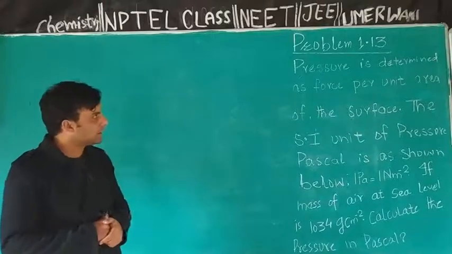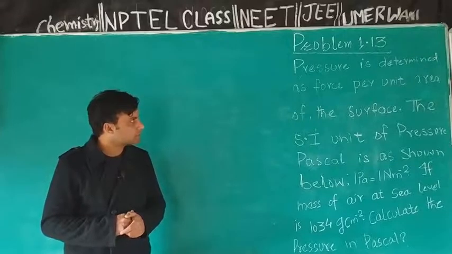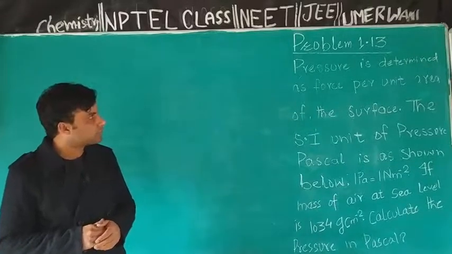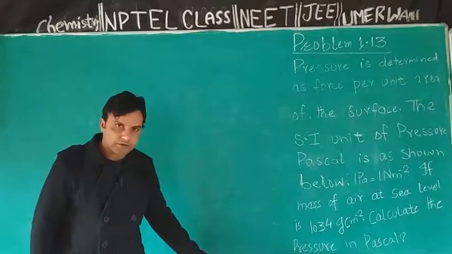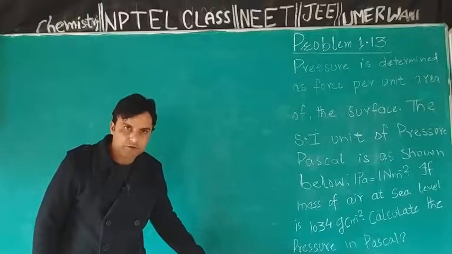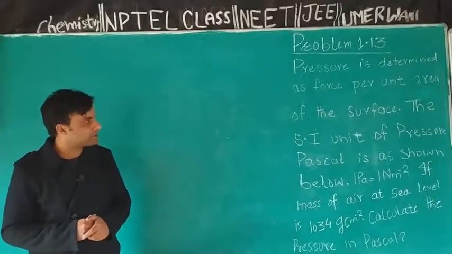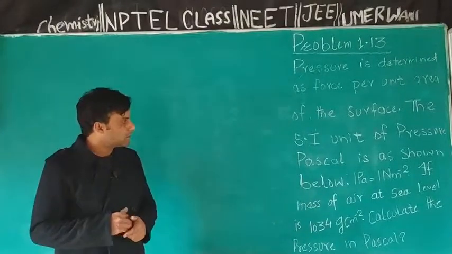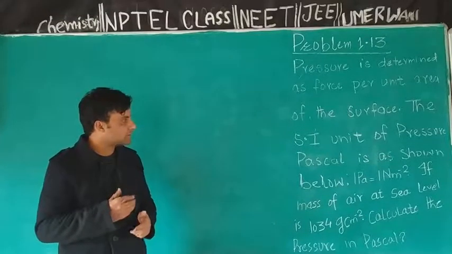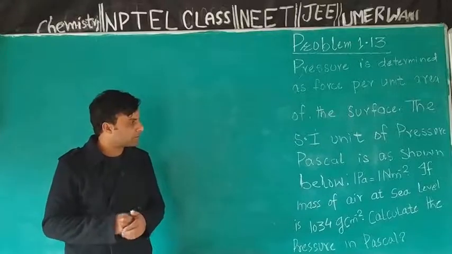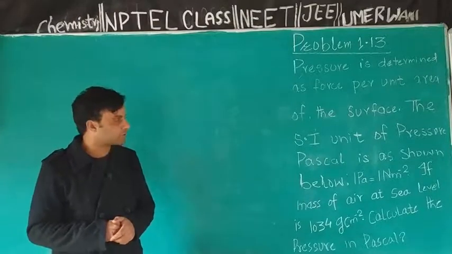It is also said in the question that pressure is determined as force per unit area acting on the surface, and the SI unit of pressure is Pascal. 1 Pascal, if expressed in Newton per meter square, is equal to 1 Newton per meter square.